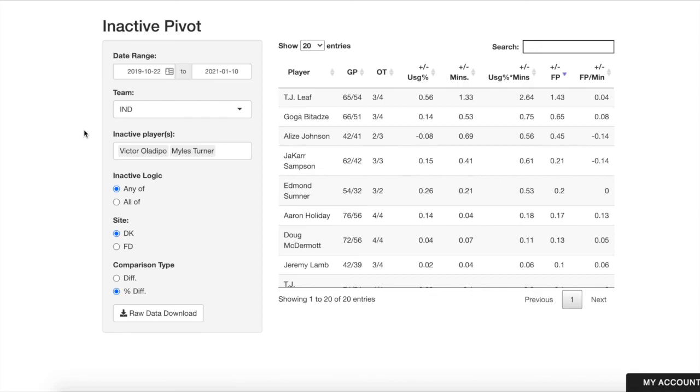Same could be said maybe for Christian Wood and Clint Capela, or Boogie and Clint Capela, something like that. So, another kind of creative way, I think, to use the application to make up for player interactions or relationships that we have limited or potentially no sample on.